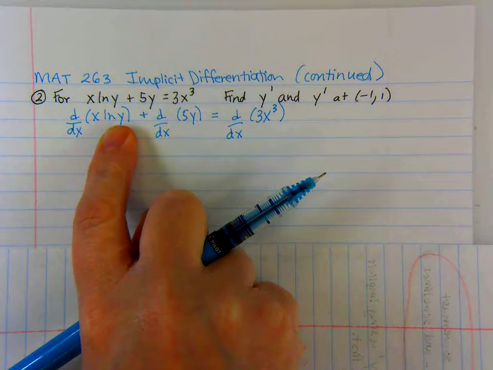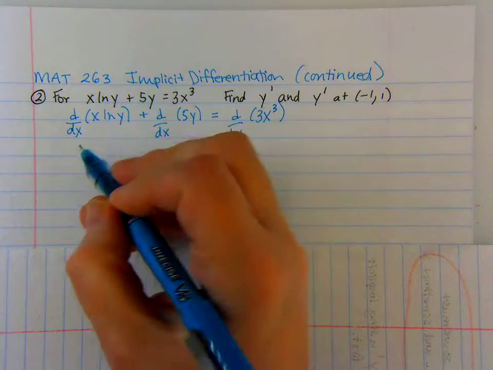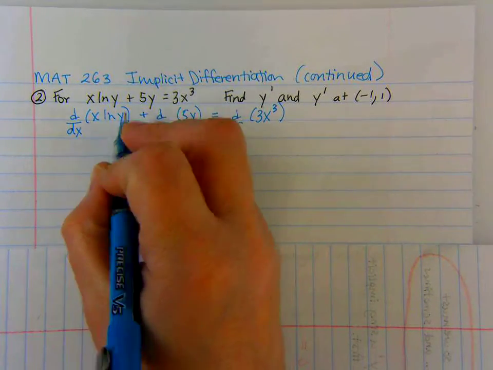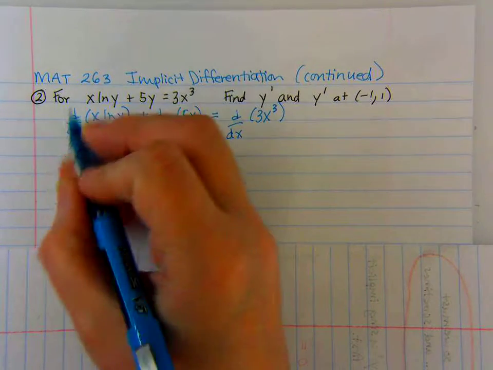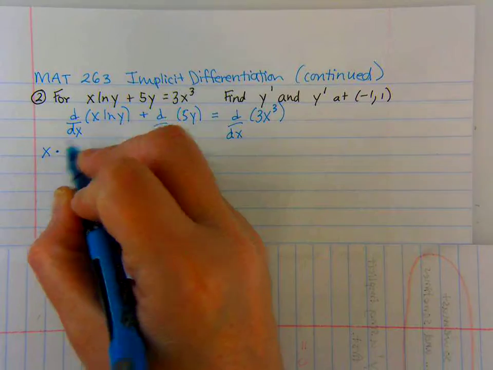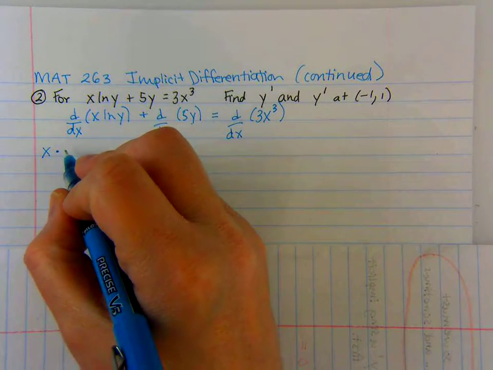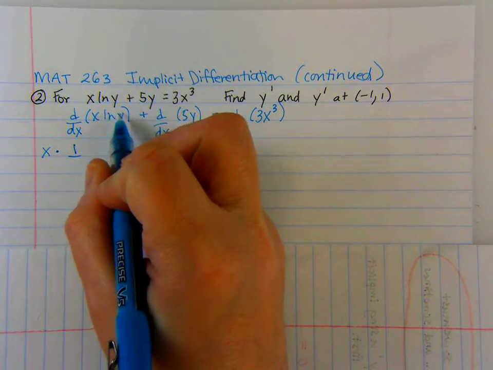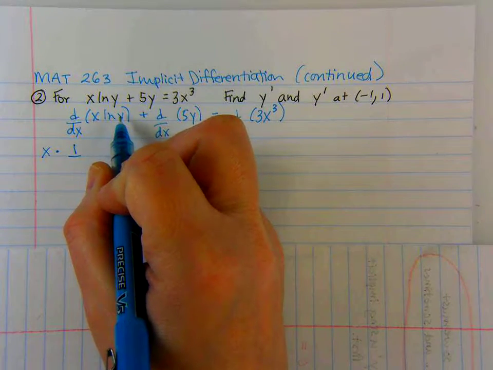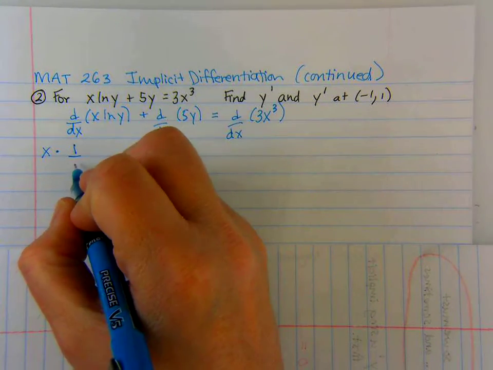Okay, so when you do product rule, you have the first times the derivative of the second, which would be x times, since this is not just a y, it's a function of x, we will have chain rule. So the outside function is natural log.